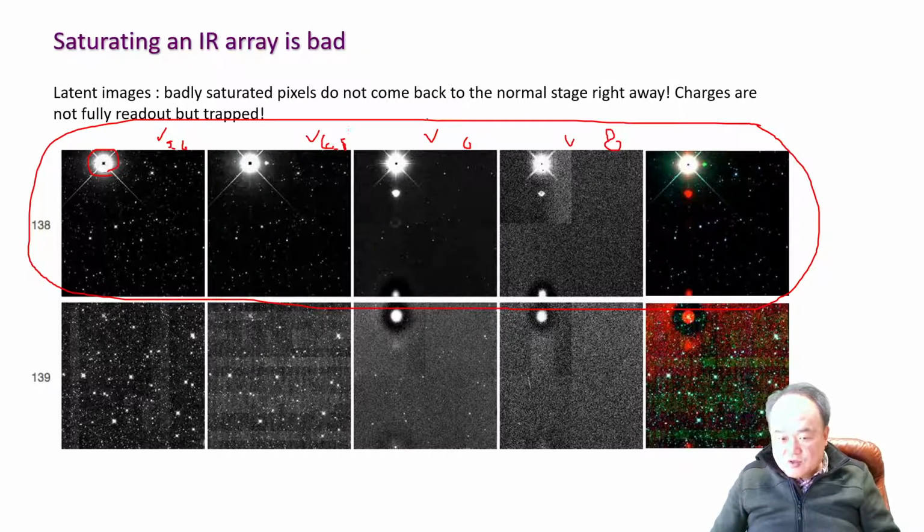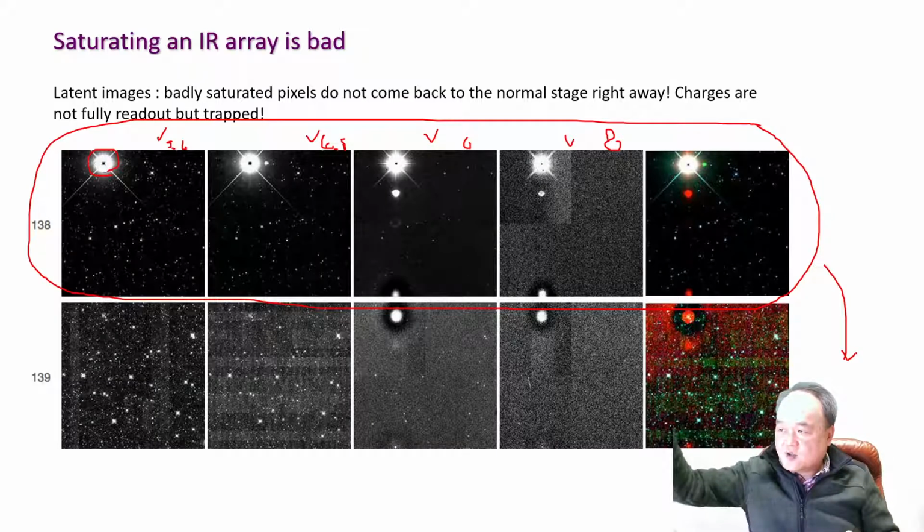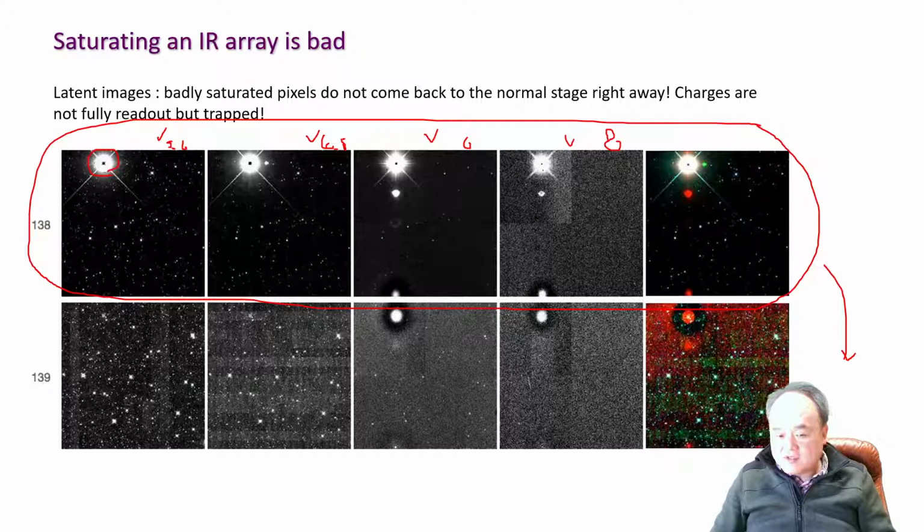This means that when you take a different observation by pointing the telescope at a different region of the sky, you can still see the effect of the bad saturation from the earlier observation. This saturation also causes some pixel pattern noise in the shorter wavelength channel, and the remaining effect of the bad saturation from the earlier observation is called latent images.